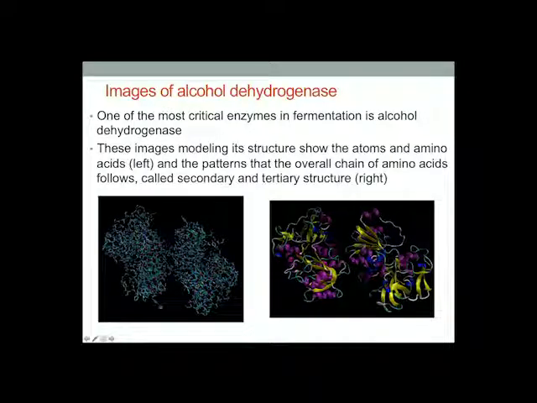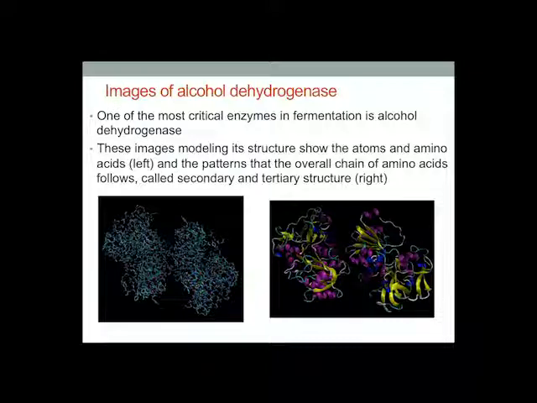One could also do a rendition that shows the overall path the chain of amino acids takes and its different structural characteristics. We can see that alcohol dehydrogenase is made up of two units that fit together. This enzyme is what gives us carbon dioxide and ethanol during fermentation.